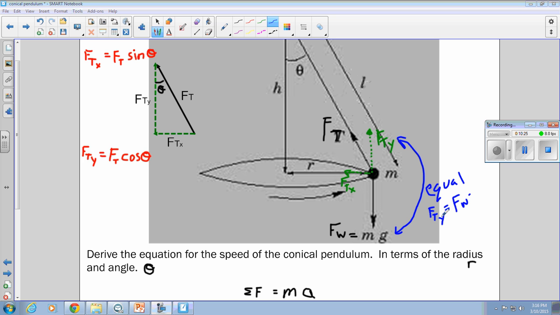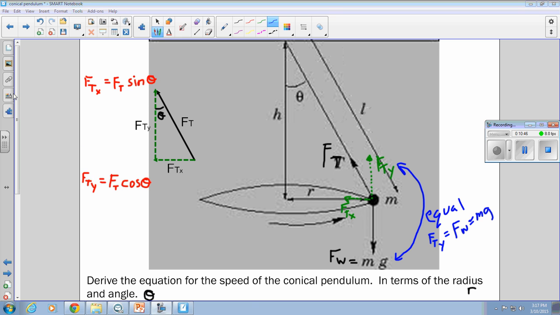So force tension in the y direction is equal to my force weight, which is mass times gravity. That's going to benefit us as we derive this equation for speed also, and we'll see how it does that in a few seconds.